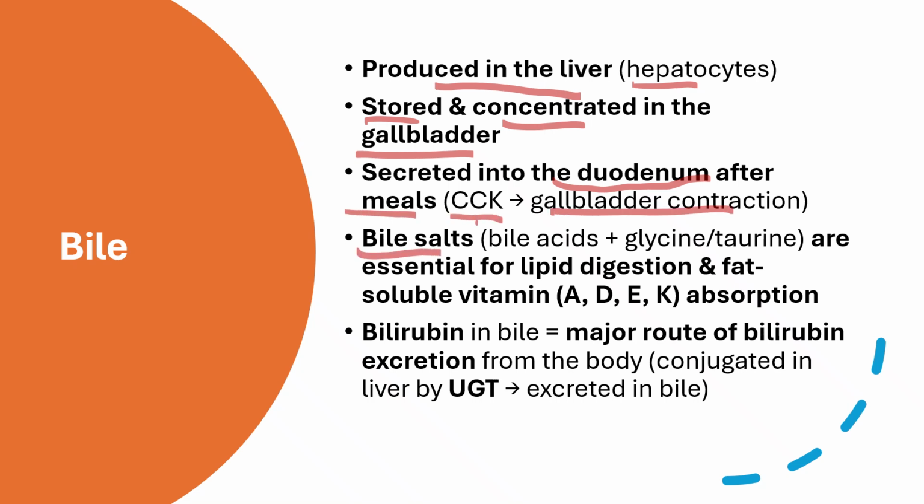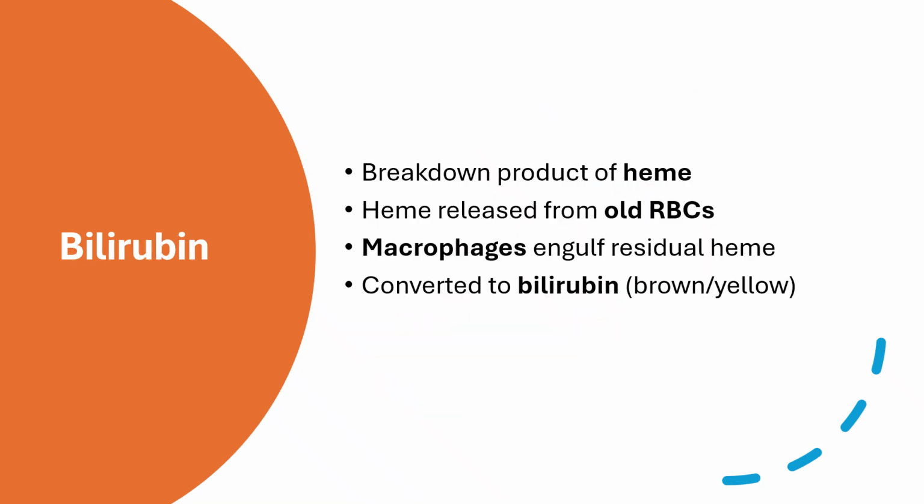Bile salts plus glycine and taurine are essential for lipid digestion and for fat-soluble vitamins like A, D, E, K. So bilirubin and bile: the major route of bilirubin excretion from the body is conjugation in the liver by UGT and excretion in the bile. Bilirubin is basically the breakdown product of heme, released from old RBCs; macrophages engulf the residual heme and convert it to bilirubin.